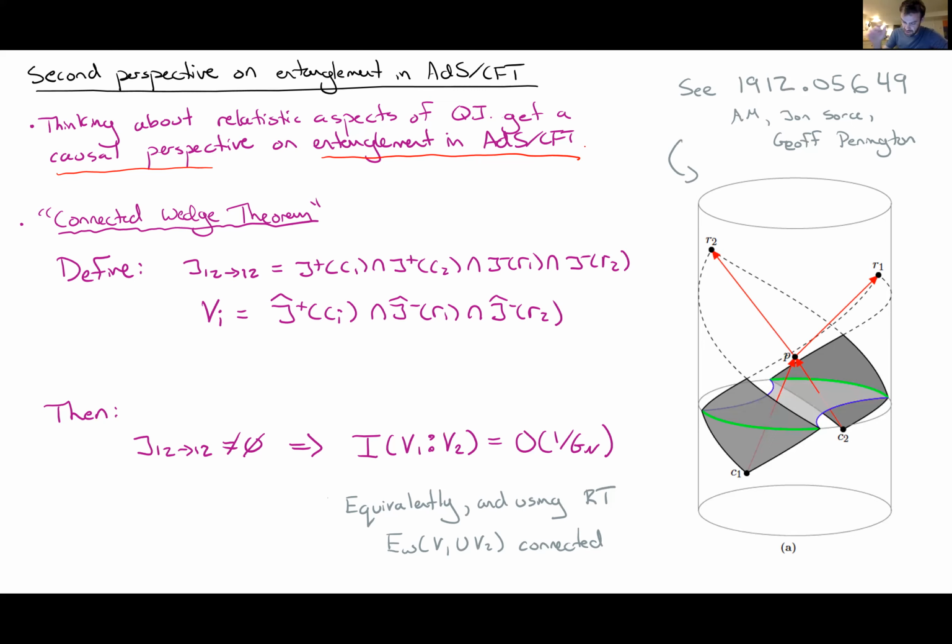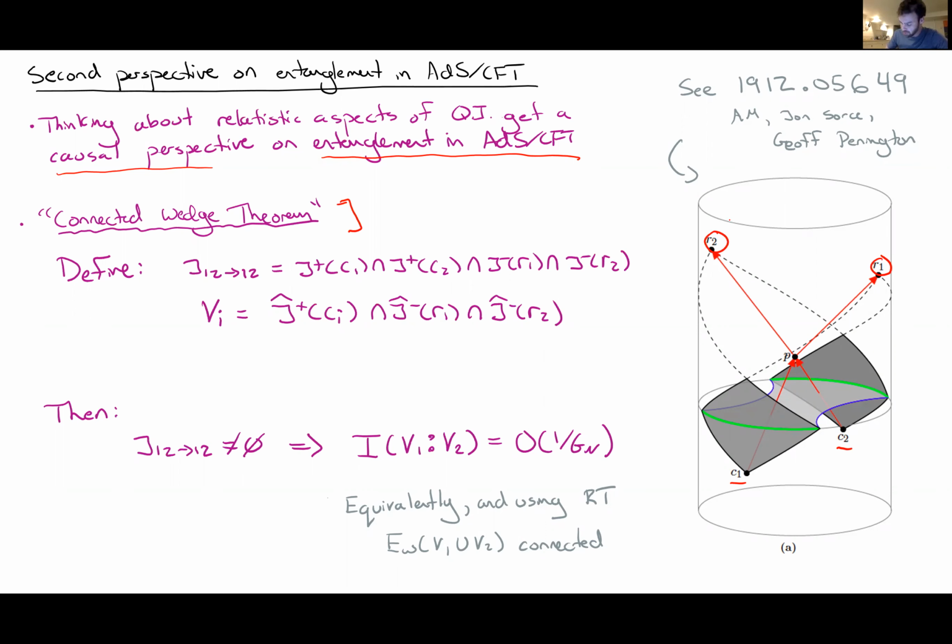So to make that more precise, what I mean by that, let me tell you about a theorem. So the theorem is called the connected wedge theorem. And the way it works is the following. So you should, first of all, pick 4 points on the boundary of your AdS space. So I've drawn an example here where my points are C1, C2, R1, and R2. And then what you should do is you should check if those 4 points scatter in the bulk.